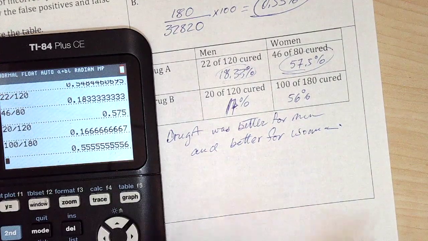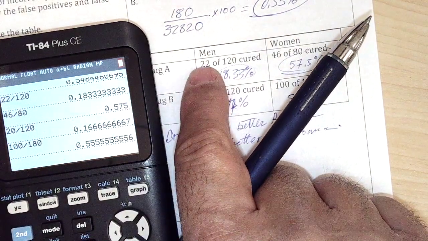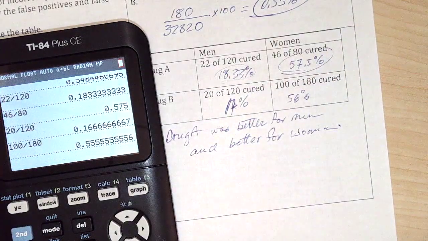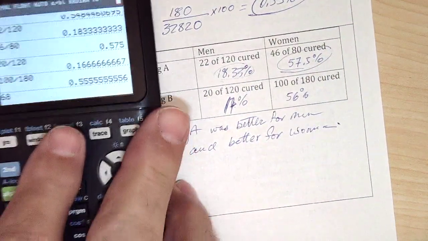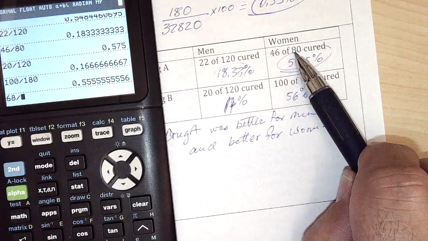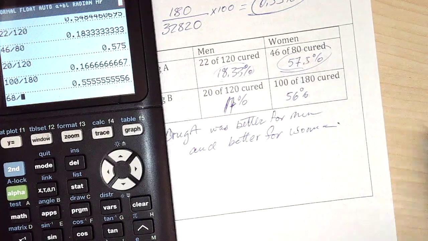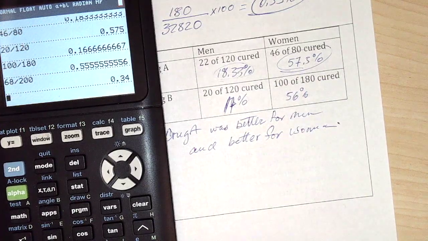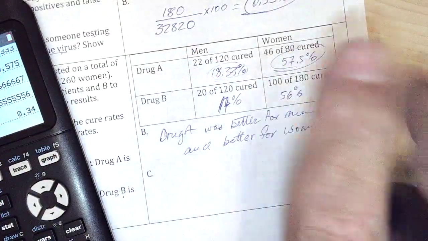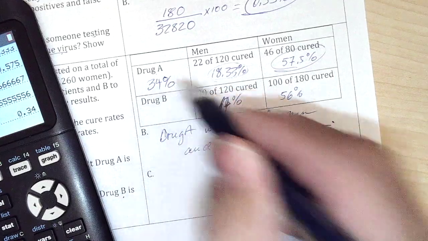Drug B, let's see. Now let's do overall percentages. So 22 plus 46 is 68. 68 divided by total number of patients, which is 200. So that's 34% overall. Overall, drug A is 34%.